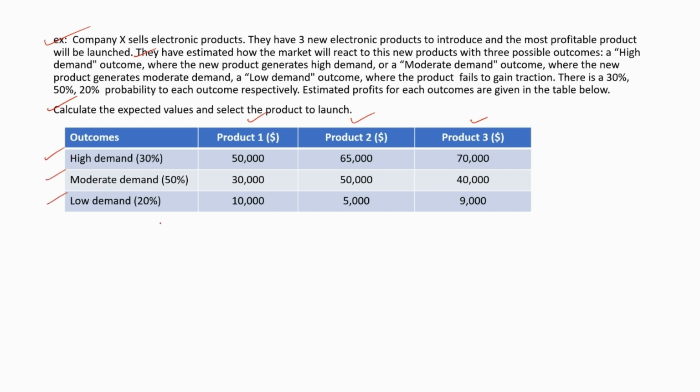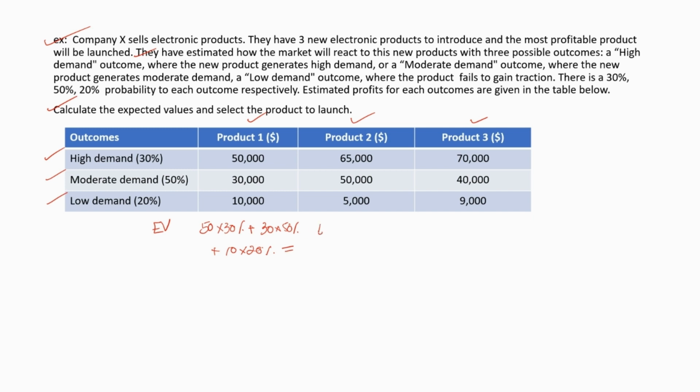Now let's calculate the expected values for each product. So for product 1, 50,000 multiplied by 30% plus 30,000 multiplied by 50% plus 10,000 multiplied by 20%. This calculation will give us the expected value for product 1.